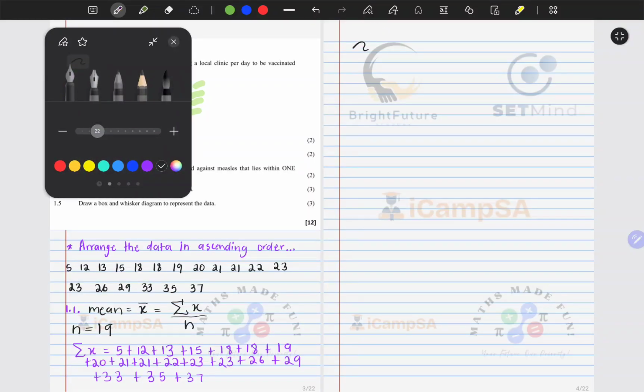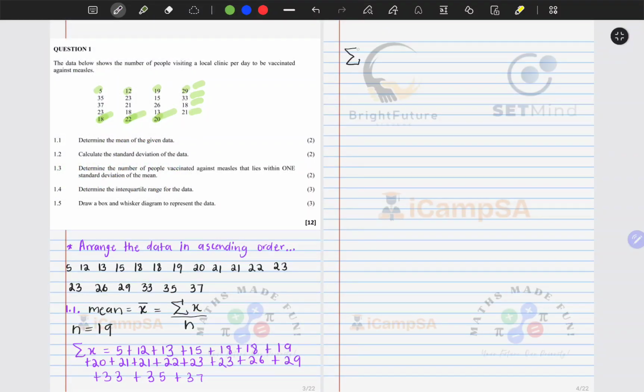So if you go to your calculator and find the sum of these numbers, you will see that you end up finding 410. And we know the formula for the mean, so we can go ahead and calculate our mean. So therefore, our mean will simply be 410 divided by 19.